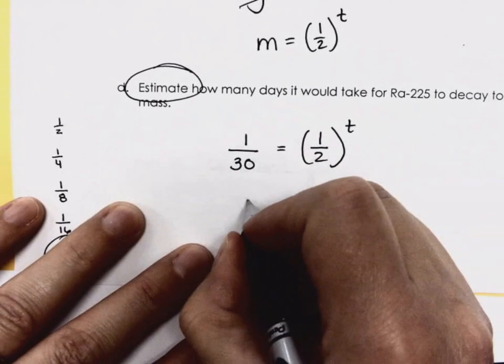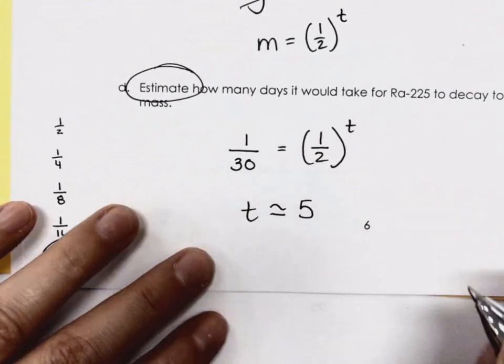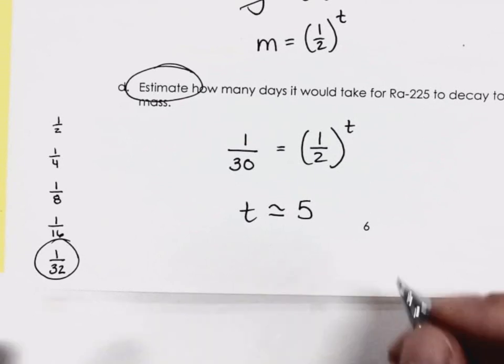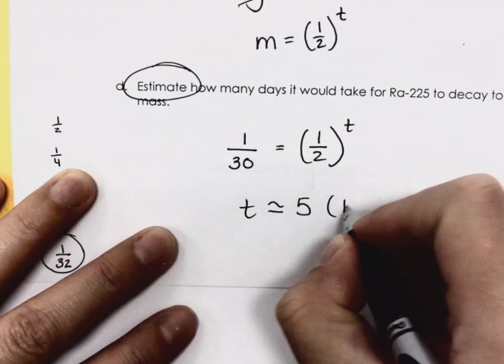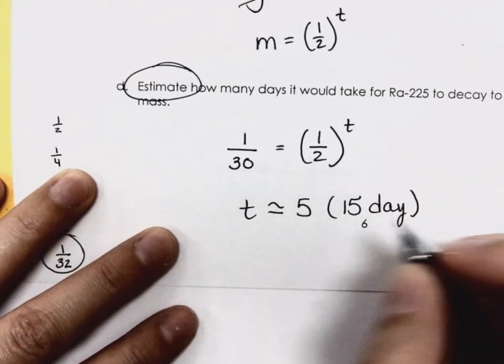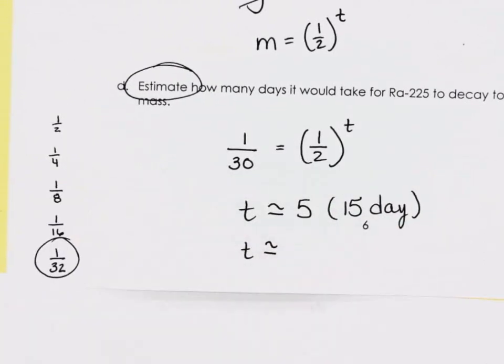So we know that t would be approximately 5, but not 5 days. What's time measured in? Nope. 15-day intervals. So I'm going to times that. Anybody know what 5 times 15 is? 75.